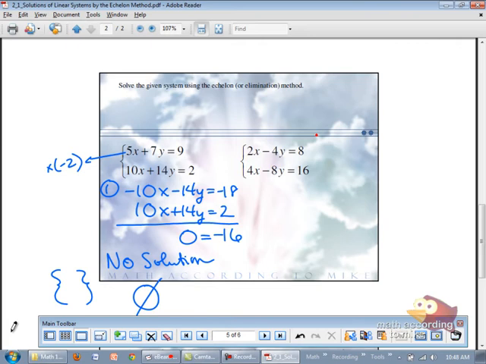Whereas the first equation there is 2x minus 4y equals 8. And 4x minus 8y equals 16. 2x minus 4y, sorry about that, equals 8. That didn't really help at all. And 4x minus 8y equals 16.